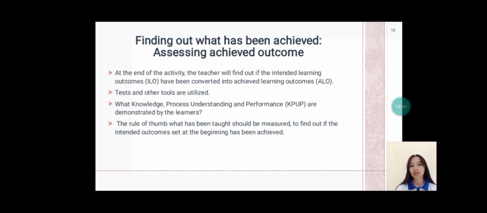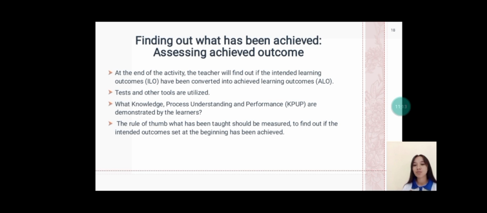Here, the teacher will now assess if the intended learning outcomes were achieved in order to see if it needs improvement or maybe further discussion. Then, tests and other tools are utilized at the end of the lesson to identify this.